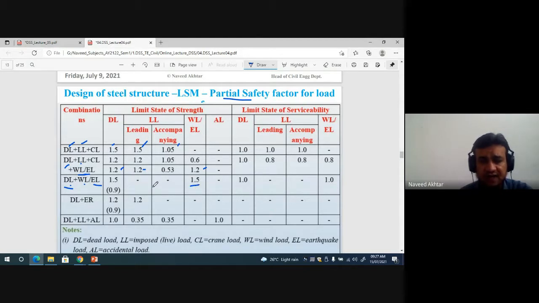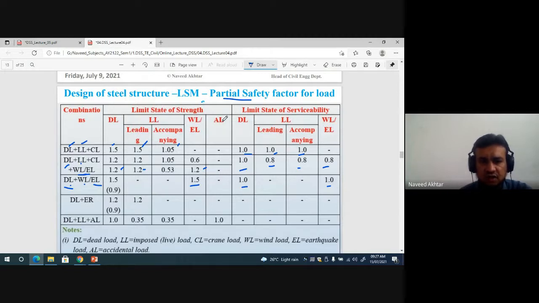But in case of serviceability, the factors are different. Only in the limit state of serviceability, the factor considered is one, most of the time, or sometimes it is less than one. Only the working load is considered for checking the serviceability condition.